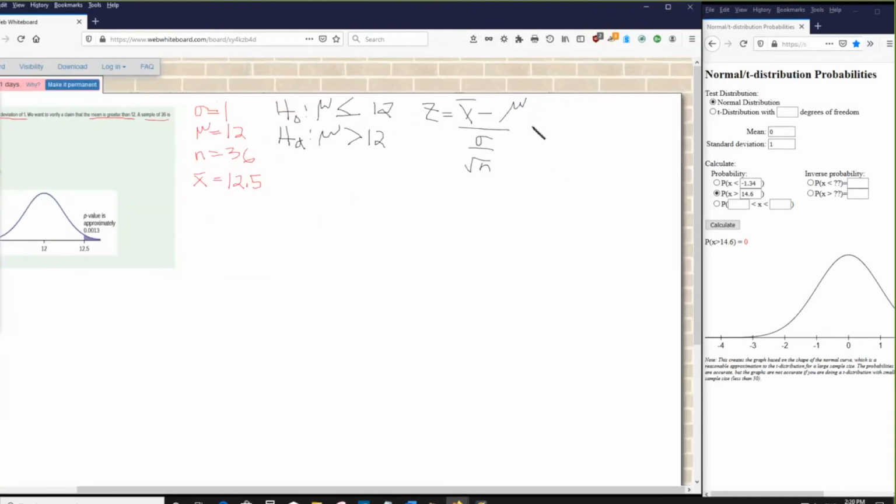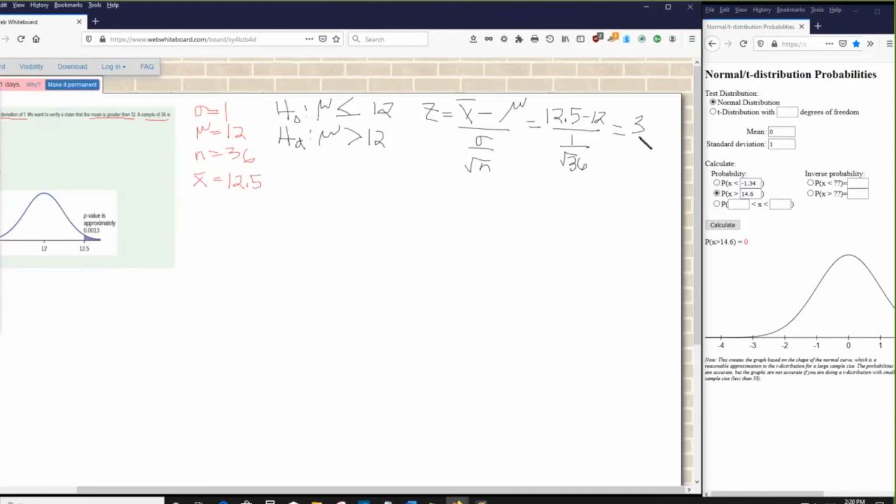So that's going to be 12.5 minus 12, divided by 1 over the square root of 36. And then when I do that calculation, I'm going to end up with 3. So my z-score is going to be 3.